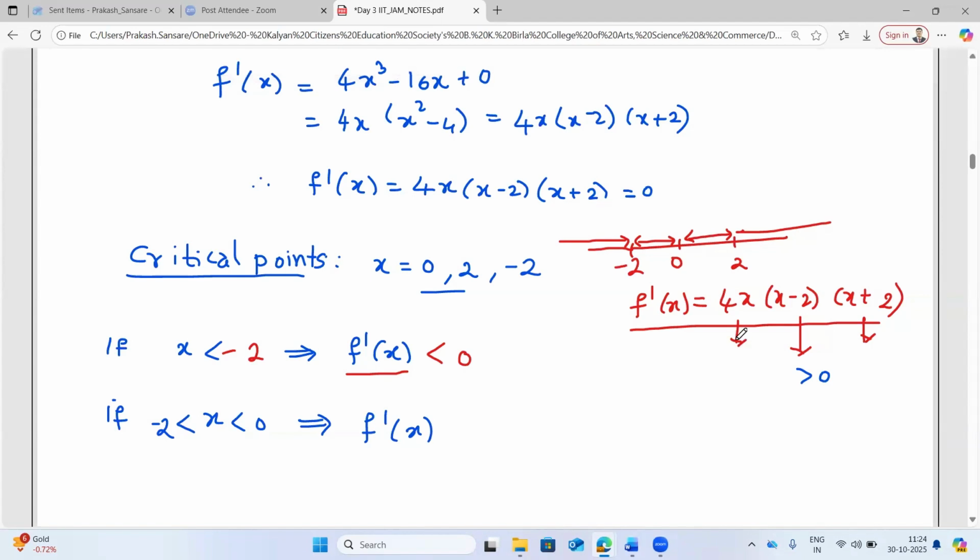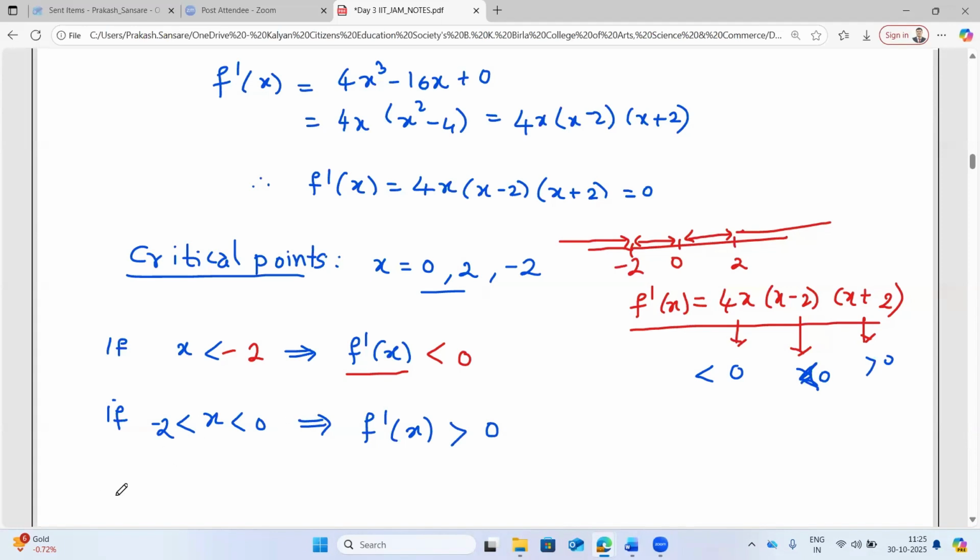So the resultant will be greater than 0. Very good. From minus 2 to 0, it is positive.